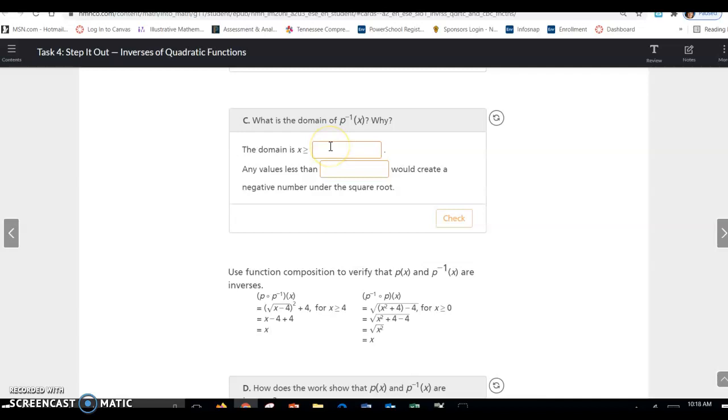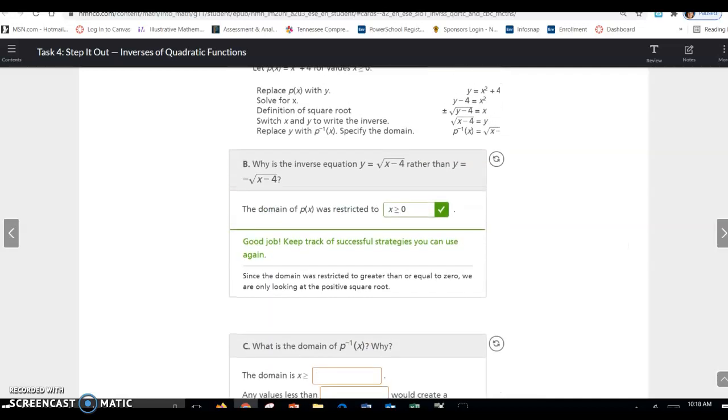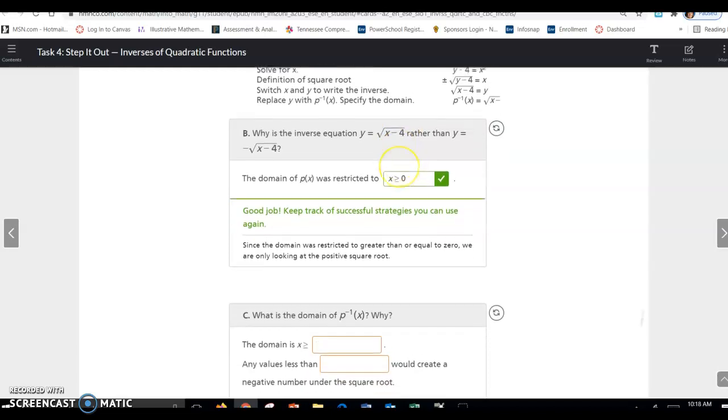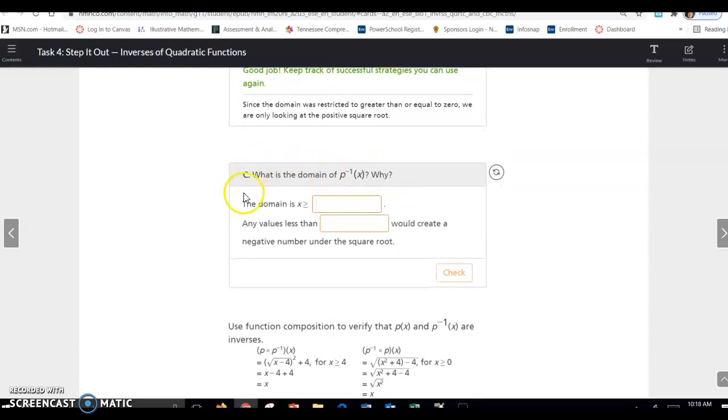All right, so the domain of p inverse would be, the domain is x greater than or equal to 4.